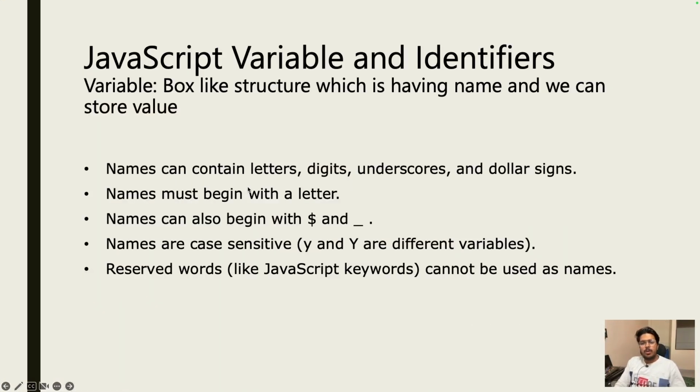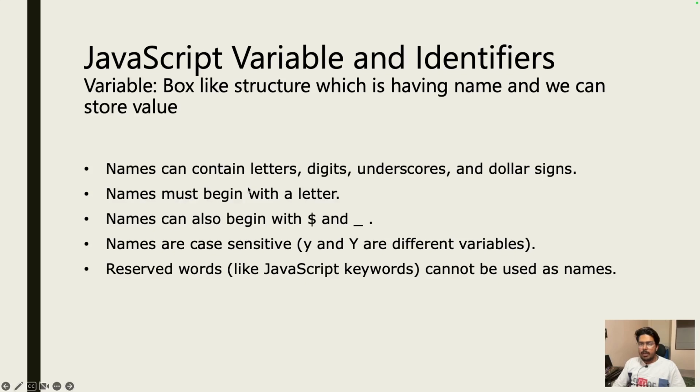So what is a JavaScript variable and identifier? In the previous video we already discussed what a JavaScript variable is. It's nothing but a box-like structure in which we store a value and provide a name. The name is also called an identifier.